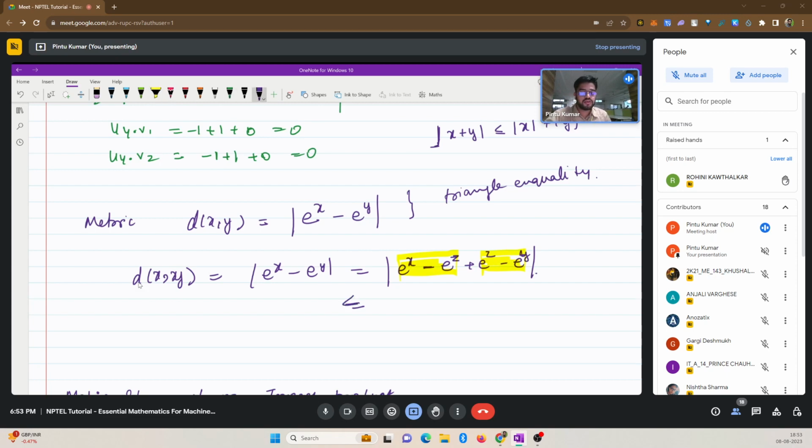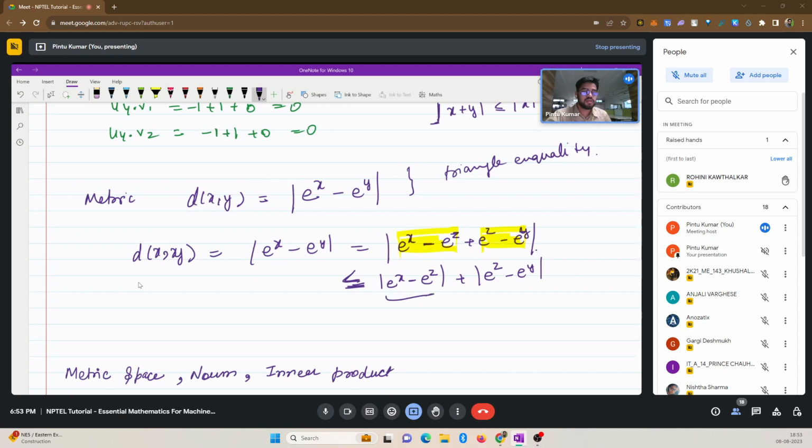Using the triangle inequality of the modulus, you can write it as less than or equal to mod of e to the power x minus e to the power z, plus mod of e to the power z minus e to the power y. This is nothing but distance between x, z, plus distance between z, y. So you can verify the triangle inequality.